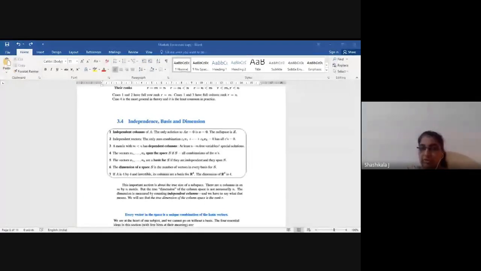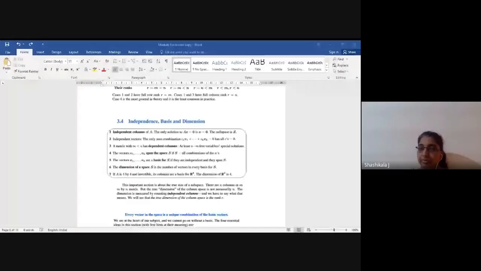When you write the column numbers, which are the basis? Then I will explain through these matrices. 1, 2, 3, 4. The basis columns are, just write 1, 2 or 1 or 2. Please write in the chat box. One, two. Yes, 1, 2, 3, 4.